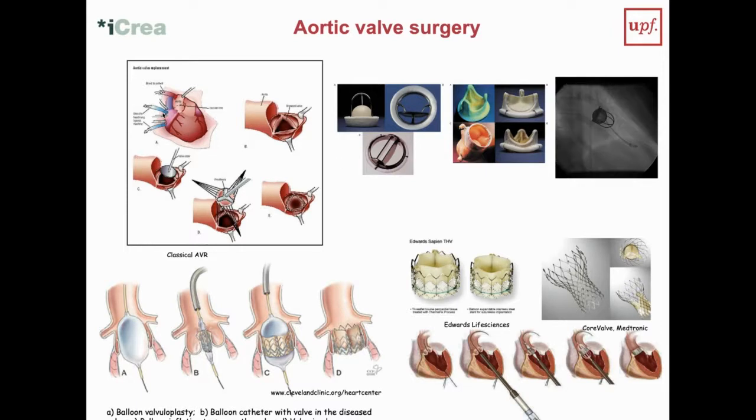Traditionally, this is an open chest, open heart operation where they cut open the aorta, then they cut away the aortic valve leaflets, and they sew in a new valve.